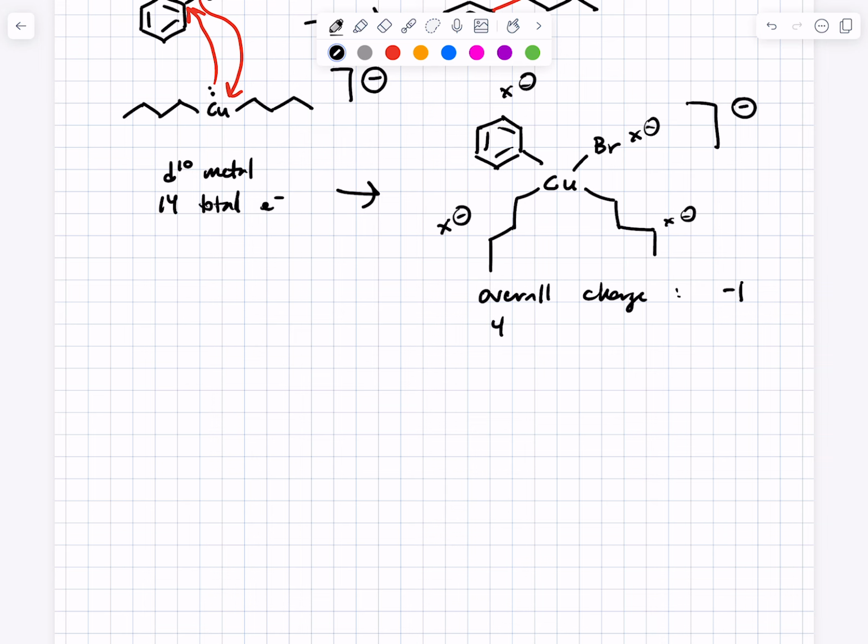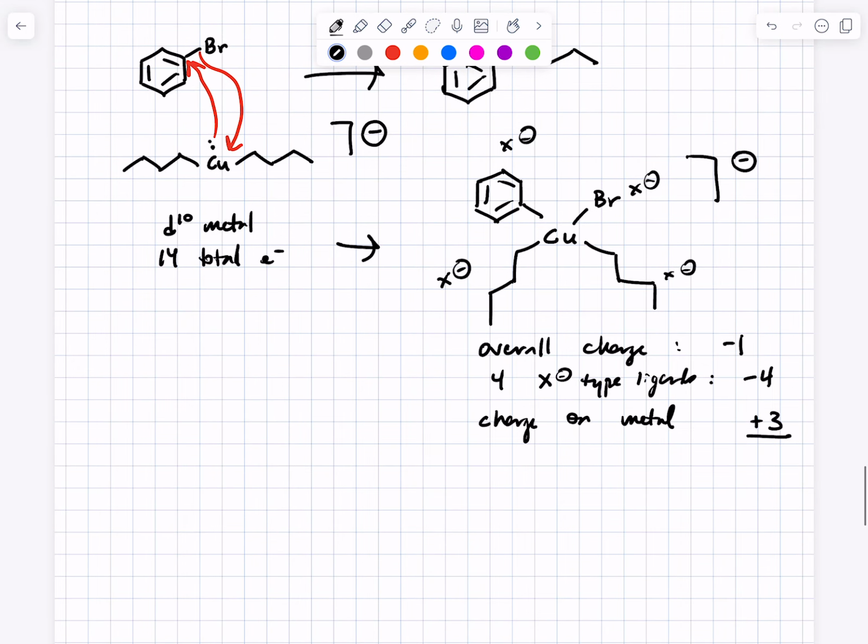So now we have 4 X-type ligands. The overall charge from those ligands is -4. Therefore, what is the charge on the metal? Must be +3. So the metal just got oxidized. Over here, the metal was +1.